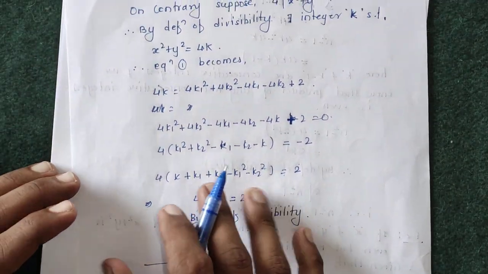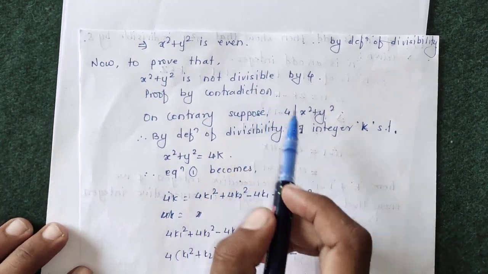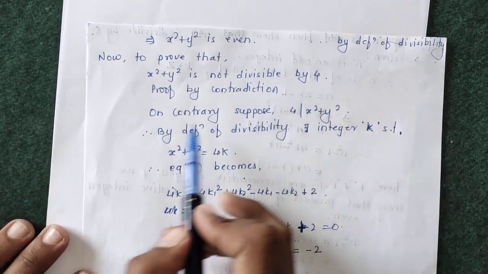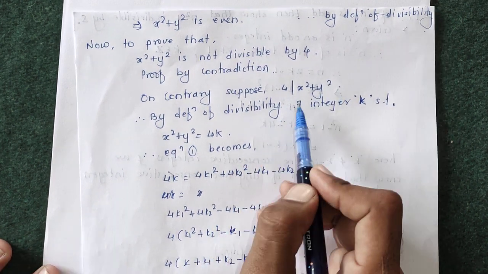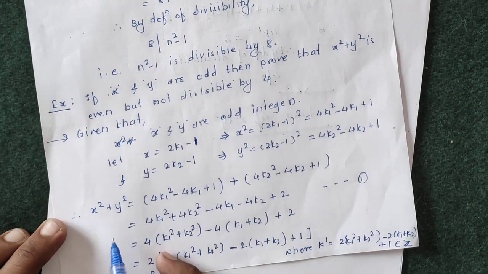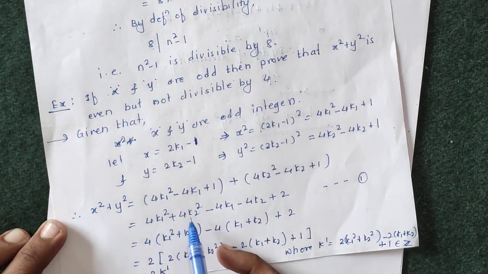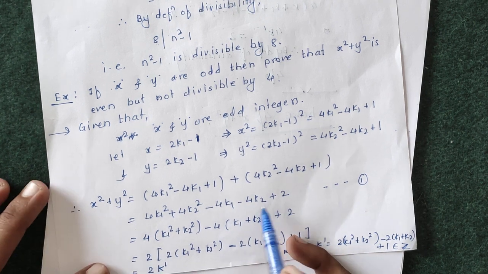Now to prove x square plus y square is not divisible by 4, by contradiction we supposed 4 divides x square plus y square. Using the definition of divisibility, x square plus y square is equal to 4k1 square plus 4k2 square minus 4k1 minus 4k2 plus 2.